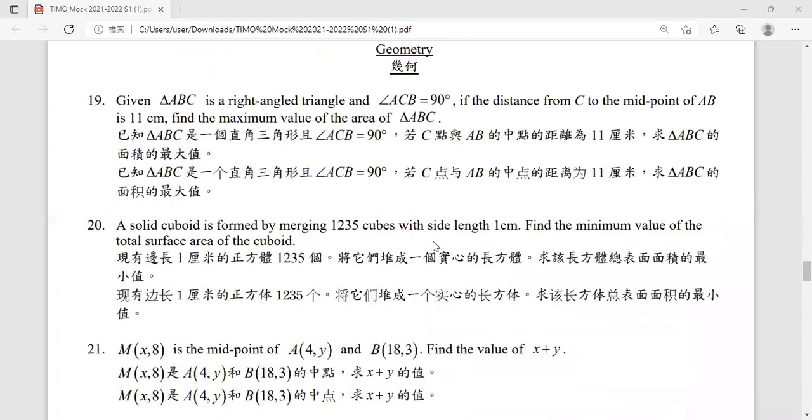And yes, the minimum. This is simple. Because you want to make the surface area smallest, you make the total surface area a minimum value. So you just need to do some prime factorization first.